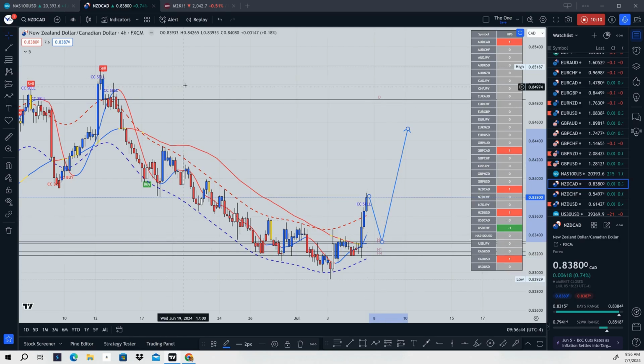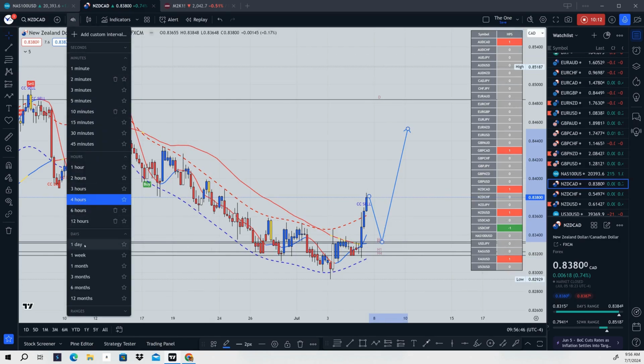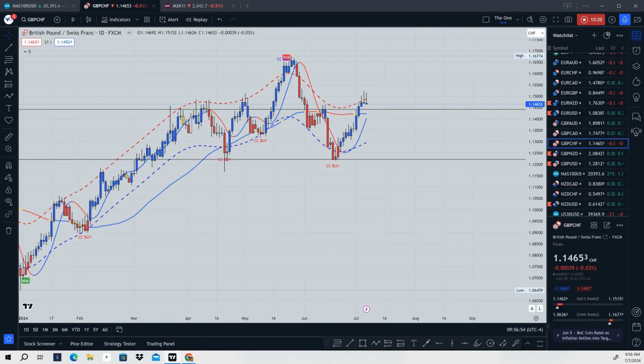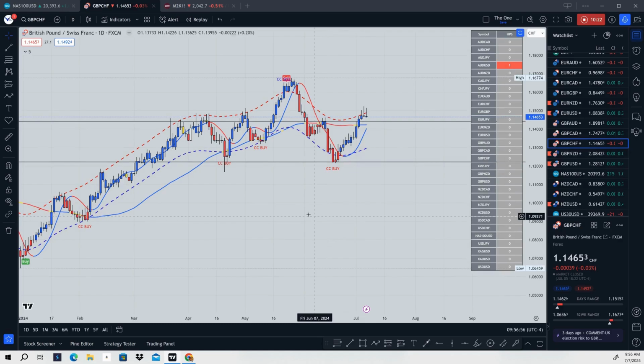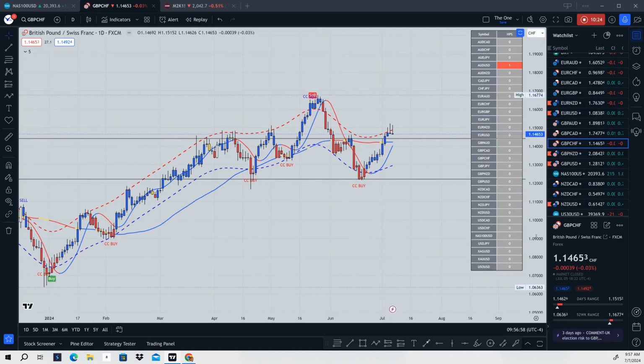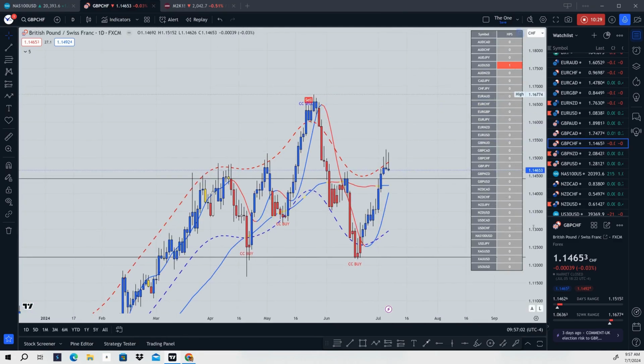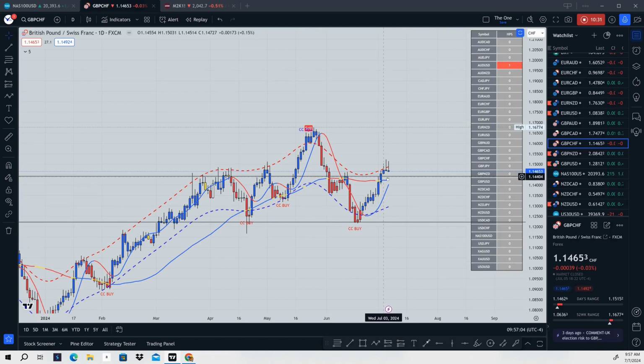Another trade that we want to look at, let's go back to the daily time frame. It's going to be GBP CHF. Okay. If we're looking at it on the daily, price is above the 47, just turned blue.